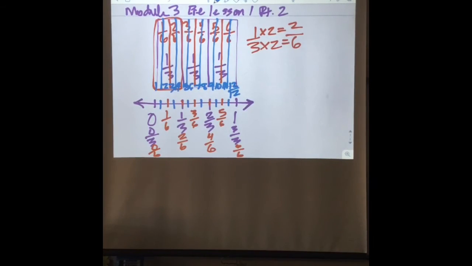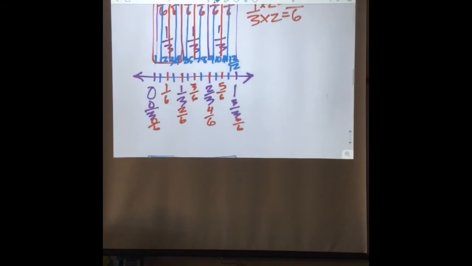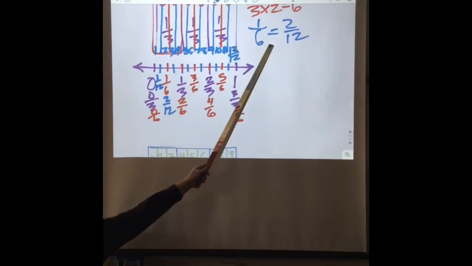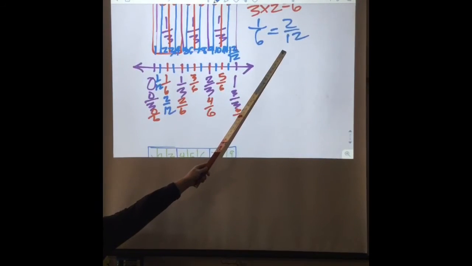I wish I could write super small. I'm going to try to. So this would be 1/12. What's under the 1/6? 2/12. So 1/6 equals what? 2/12. One more time: if I took my 6 and multiplied it by something, how would I get 12? 2.